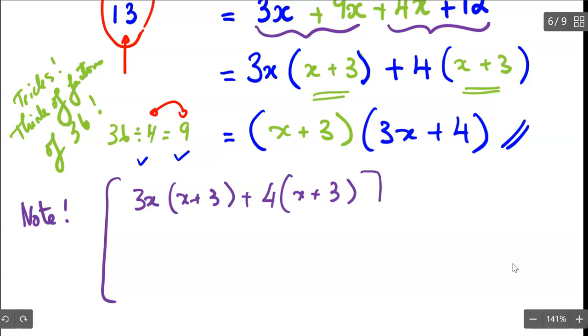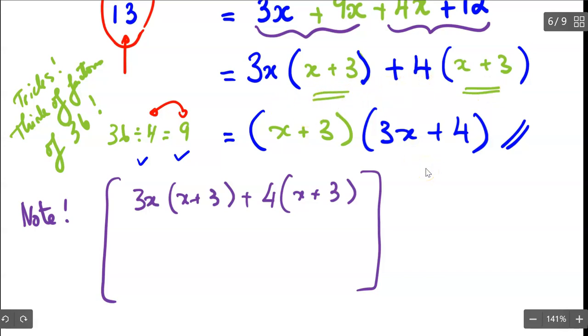So I really want everyone to understand this correctly, so that later on when you have to factor a complicated problem like this, when you have to think of the common factor, it doesn't mean it's just a term or a number, or just something with the power of x. It can be a binomial as well.